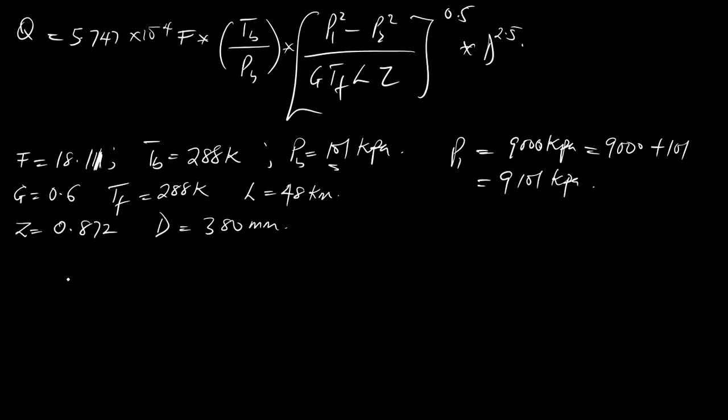First, let's try to make P2 the subject of the formula. For us to do that, we divide both sides of the equation with this whole term and this one, and also this.